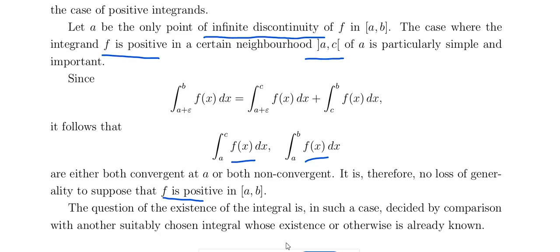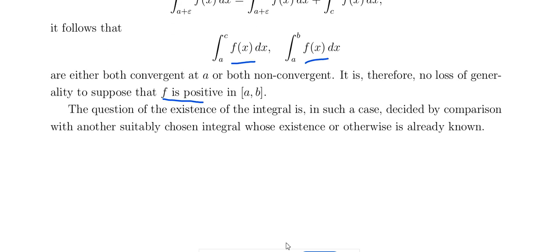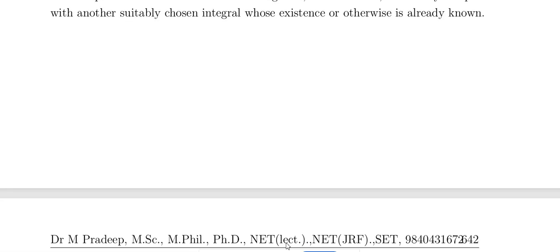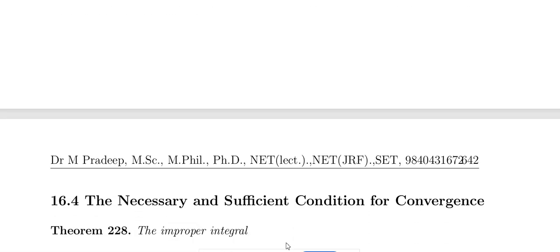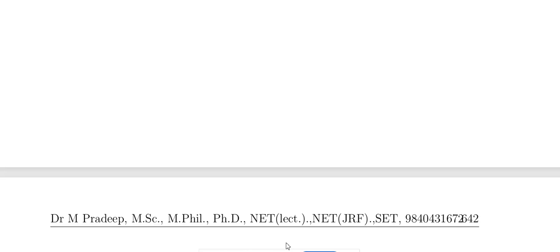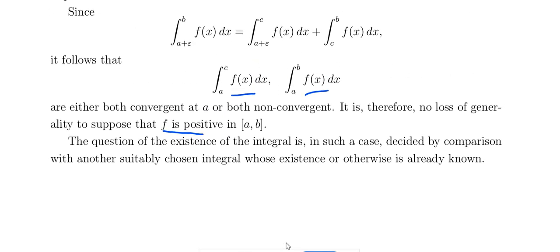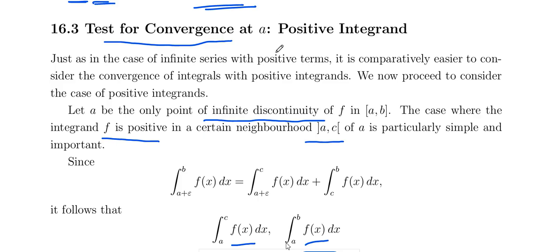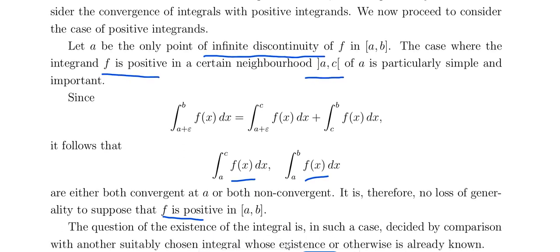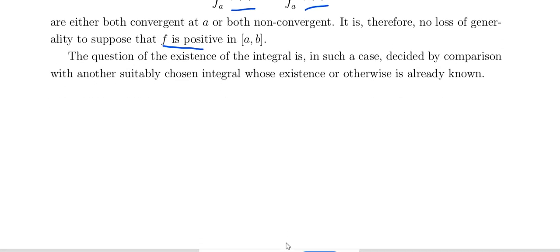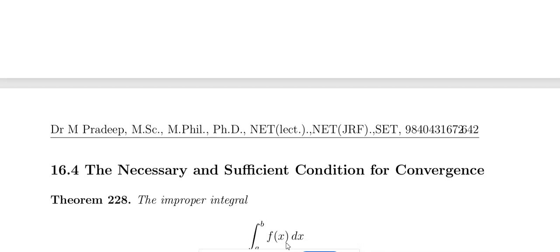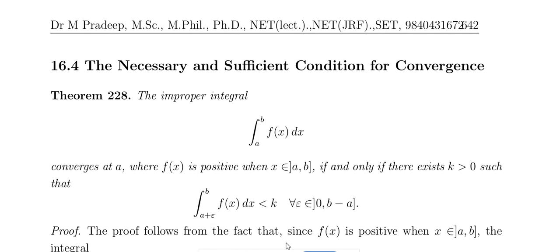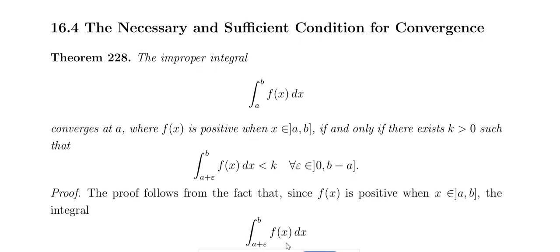So the existence of the integral in such a case is decided by comparison with another suitably chosen integral. That is called the convergence of the integrand at the point a. For the improper integral a to b, there is a necessary and sufficient condition for the convergence.